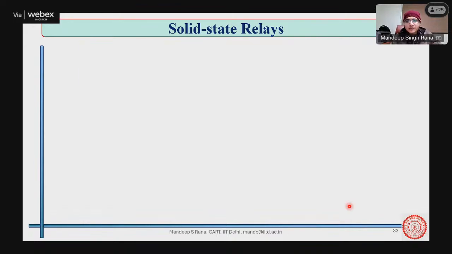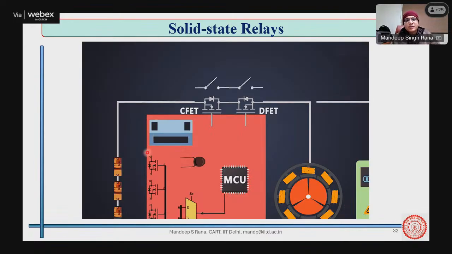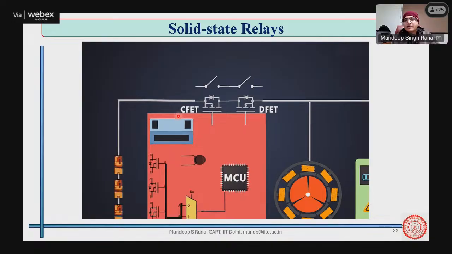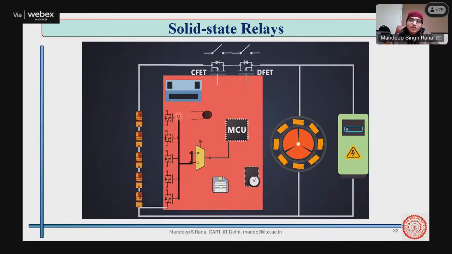Whenever you try to charge your battery, there will be one path of the current which could flow and charge your battery. There will be another path which is discharge of the battery. Both are controlled by the MCU or the unit sitting at the AFE card. So if you want to charge, one of the switches will turn on, which is the charge FET in this example, and another diode will be conducting.